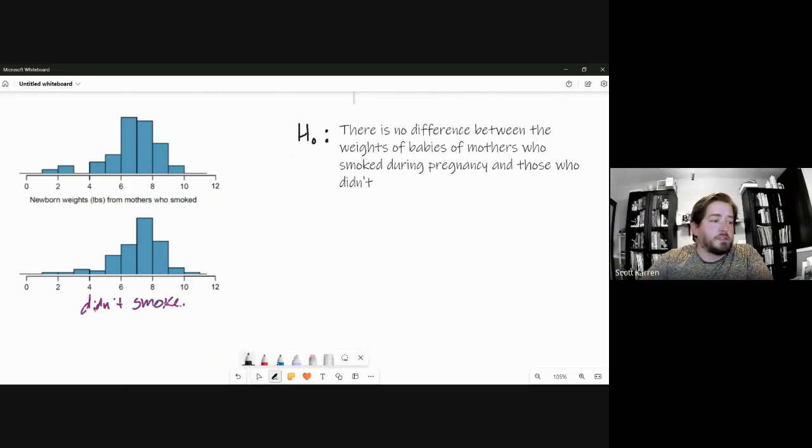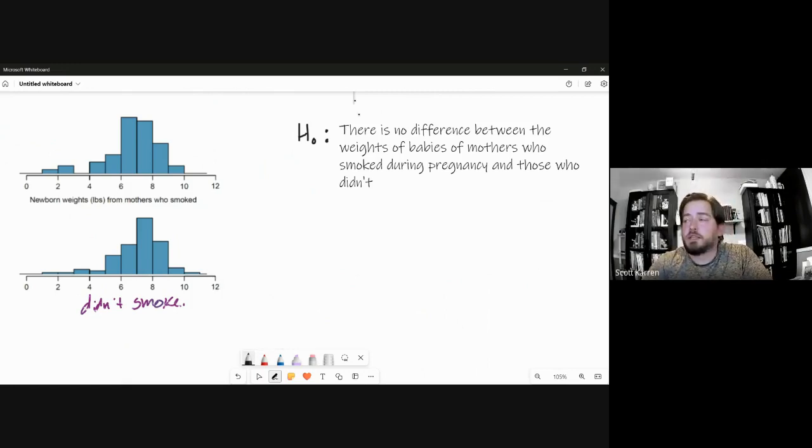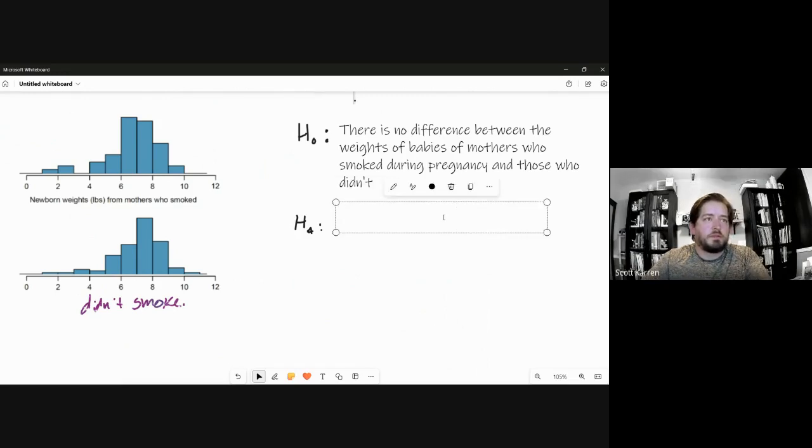The alternative is that we think there is going to be a difference. It doesn't suggest that the difference is positive or negative. So our alternative, H A, is simply that there is a difference between blah, blah, blah. The blah, blah, blah is, of course, the difference between the weights of the babies of the mothers who smoked during the pregnancy and the weights of the babies of the mothers who did not smoke during the pregnancies.